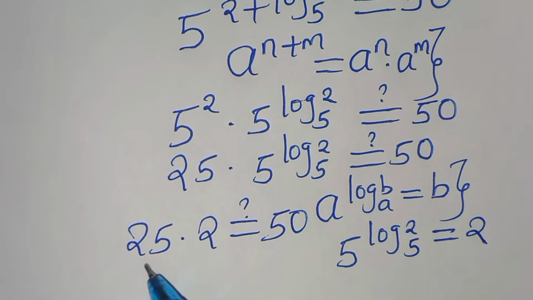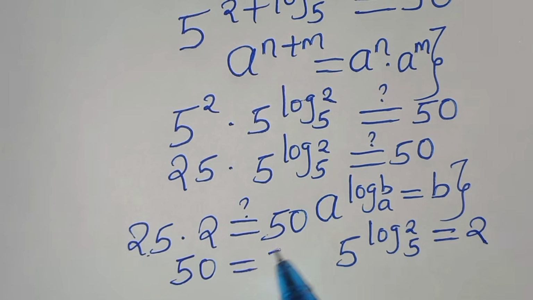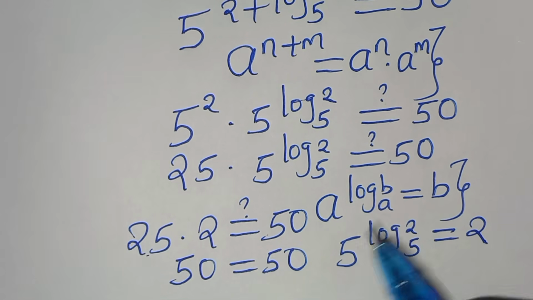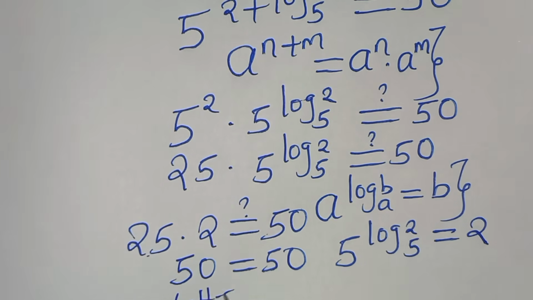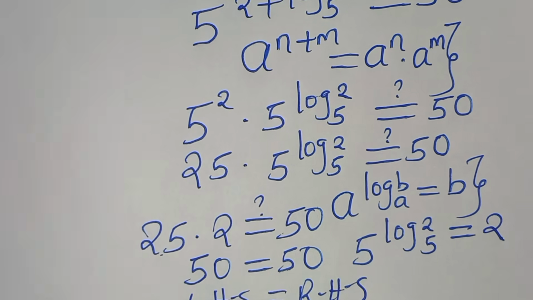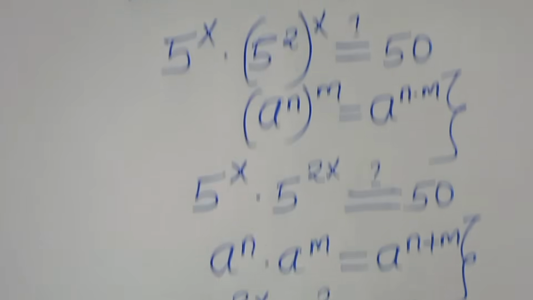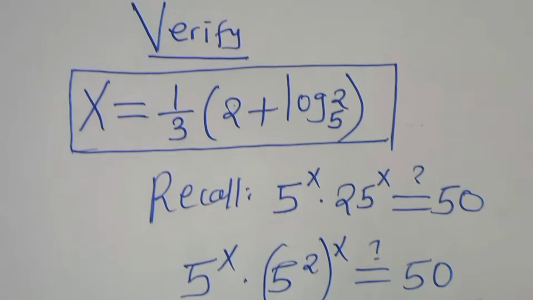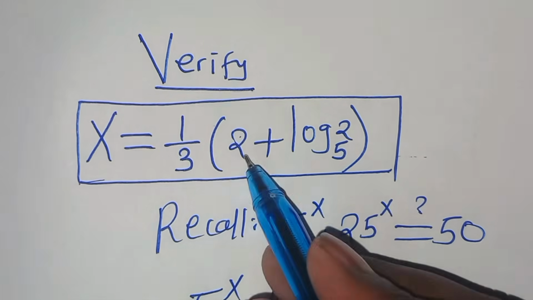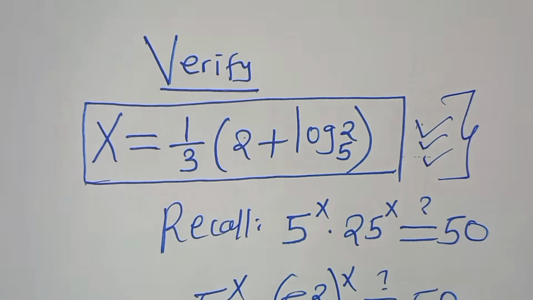So this means that 25 times 2 is equal to 50, and this is equal to 50. So the left hand side is equal to the right hand side. And this proves that the value of x, which is equal to 1 over 3 in the parentheses, 2 plus log 2 to base 5, actually satisfies the equation.